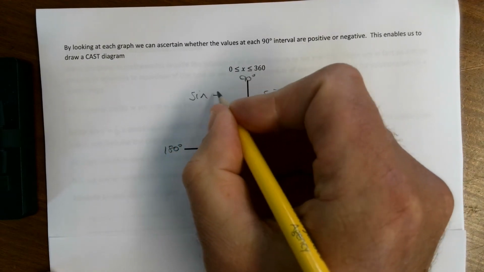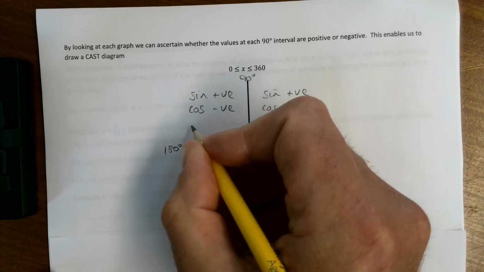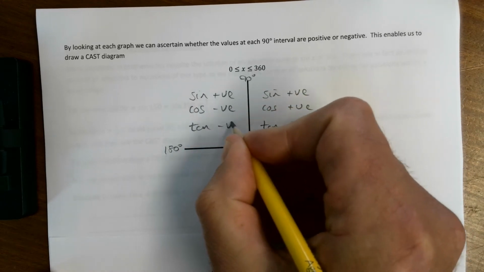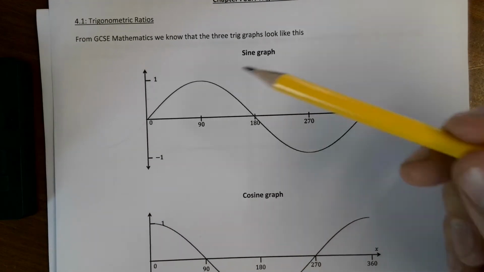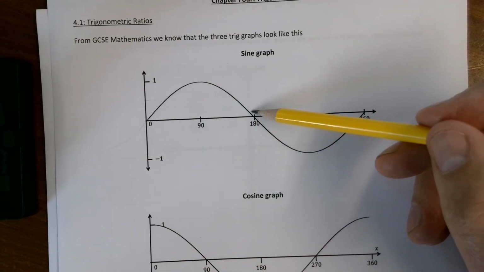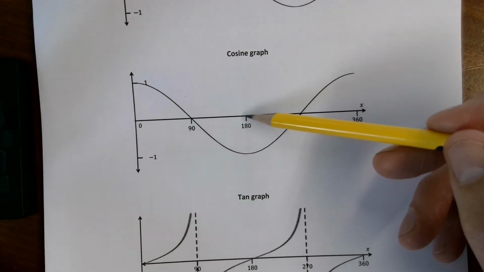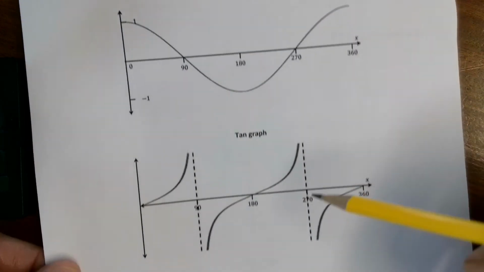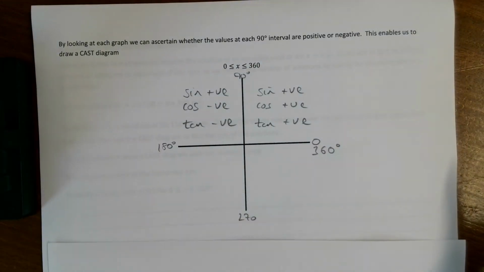So sine is positive, cos is negative, and tan is negative. Let's take a look and see what I mean here. Between 90 and 180 on this graph, sine is positive. It's above the x-axis. Between 90 and 180 on cos, it's negative. It's below. And the same between 90 and 180 on tan, it's below as well.